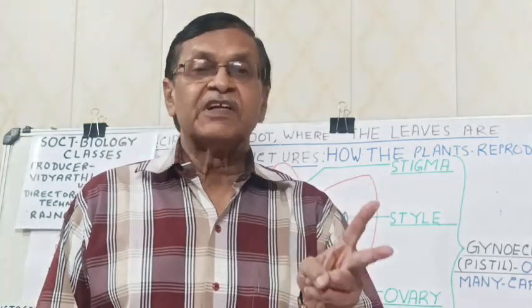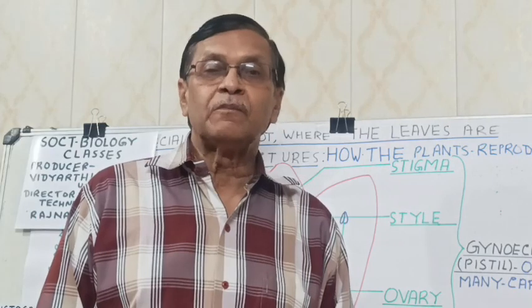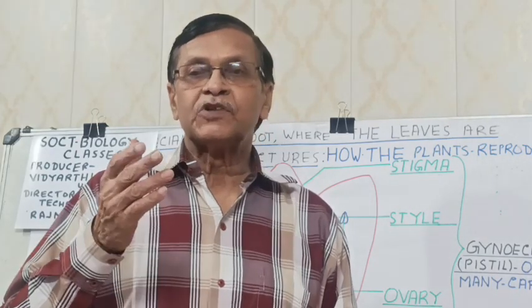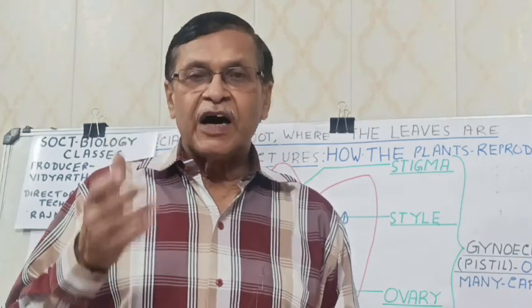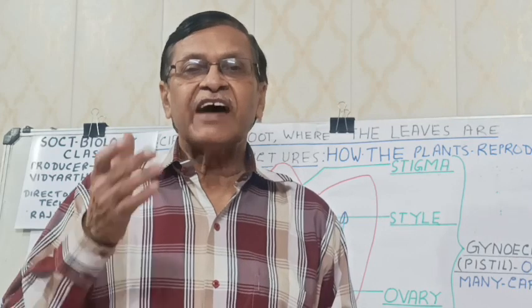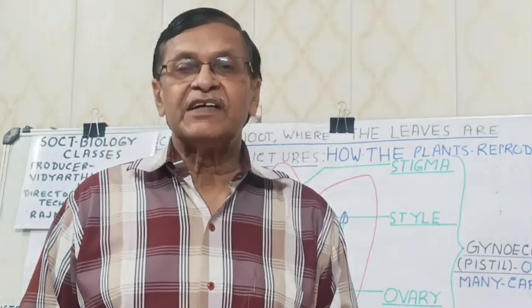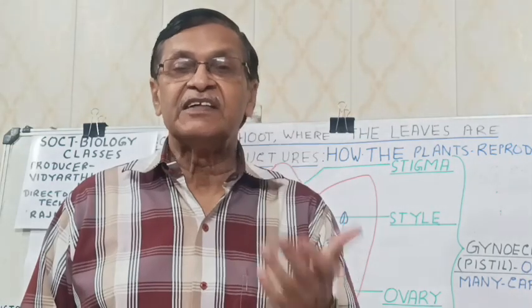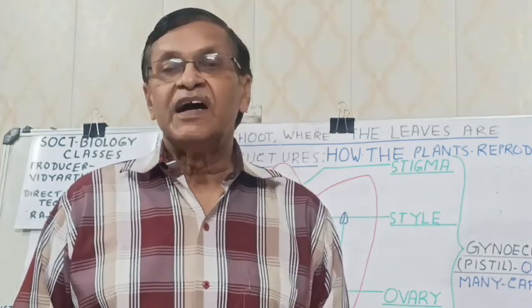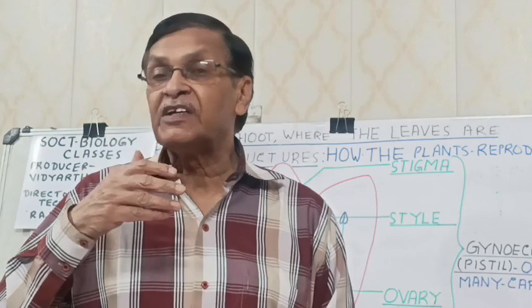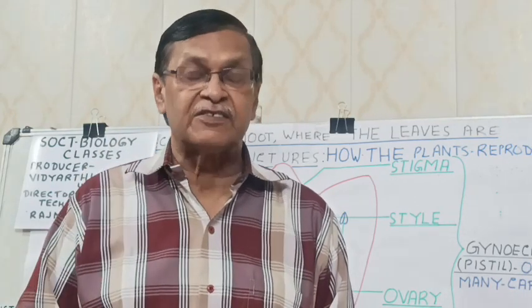But one thing, in self-pollination, after many generations, the viability goes down and the developing plants become weak, the seeds become weak, and there is no possibility of developing new characters, new varieties.